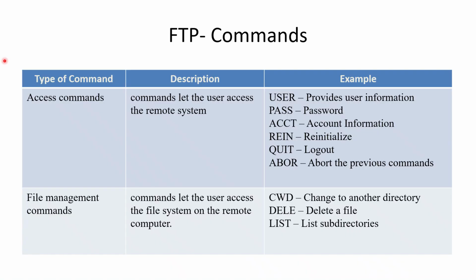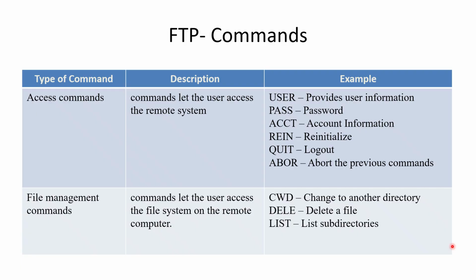In FTP, different types of commands are used to manage communication and file operations. Access commands are used to connect and interact with the remote system. For example, logging in, logging out, and changing user credentials.